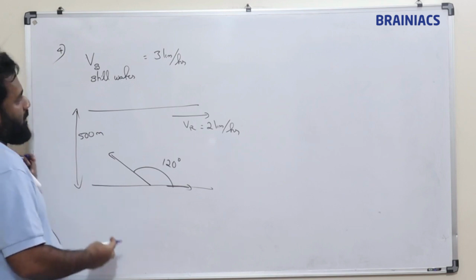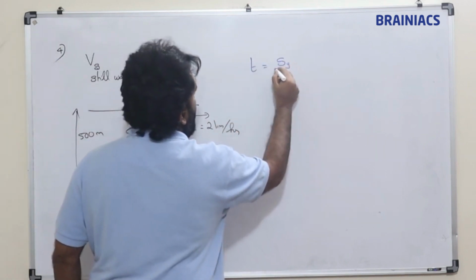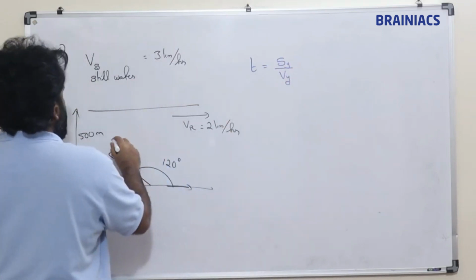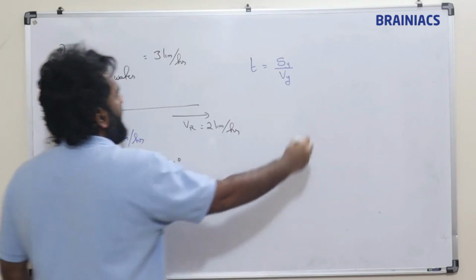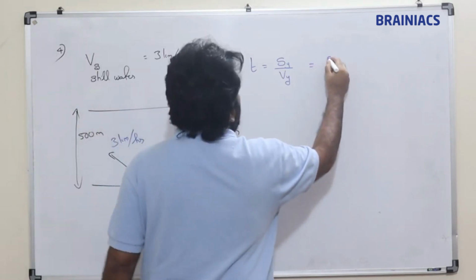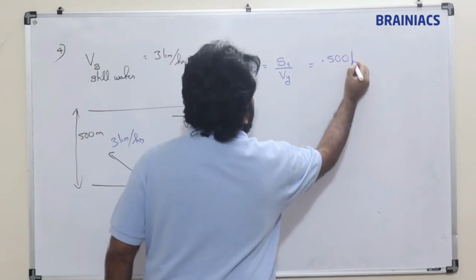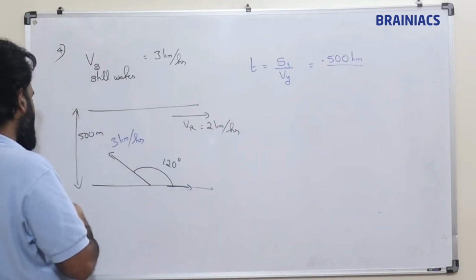Right. So time to cross is SY divided by VY. Here this is 3 km per hour, and SY we know is 500. If we want, we can write like this, divided by the vertical component of velocity.